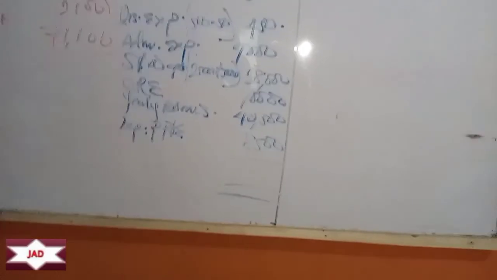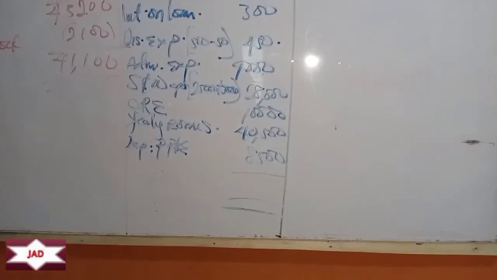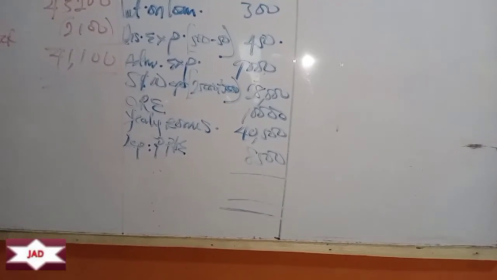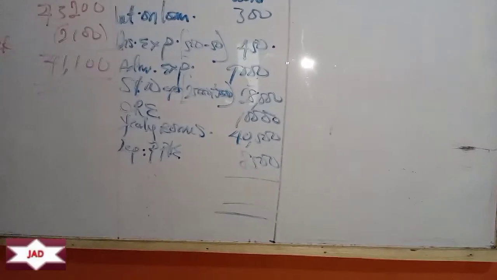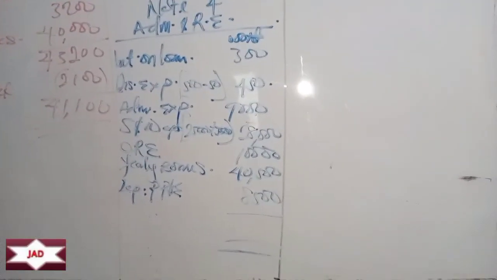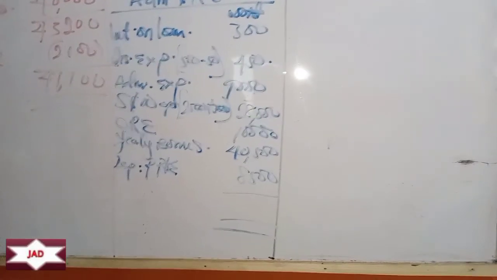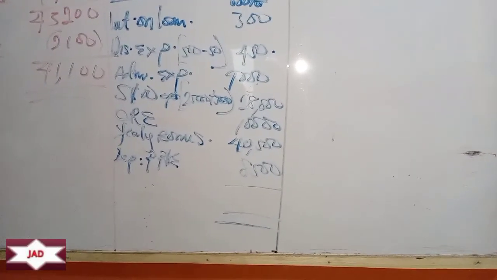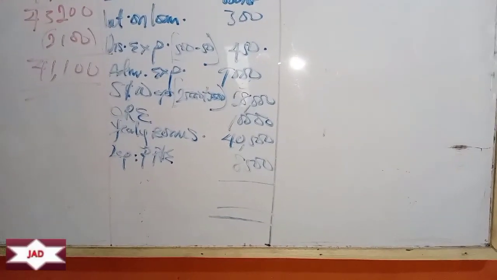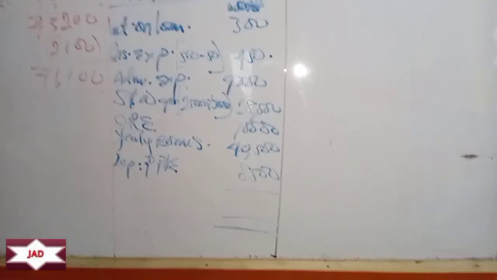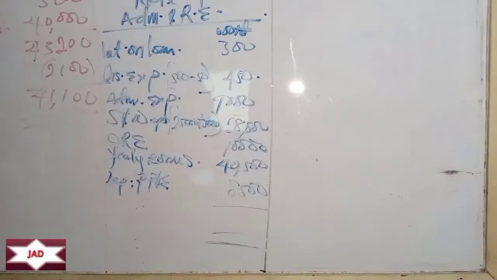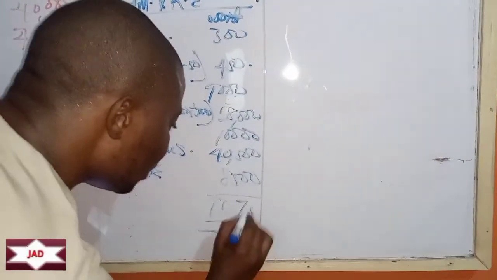I have 300 plus 450 plus 9,000 plus 28,000 plus 10,000 plus 40,500 plus 8,500. We have 96,750.